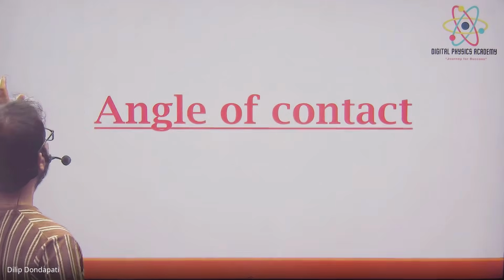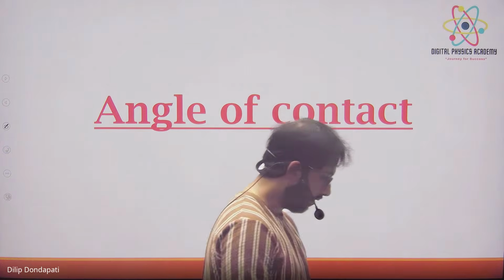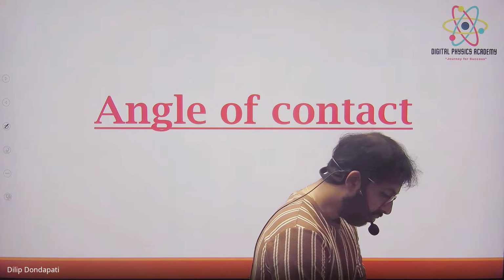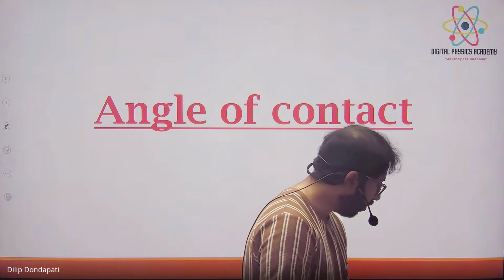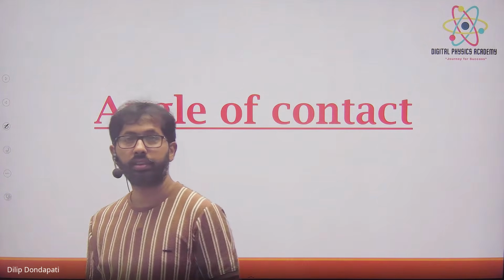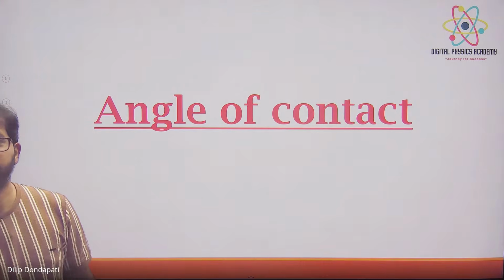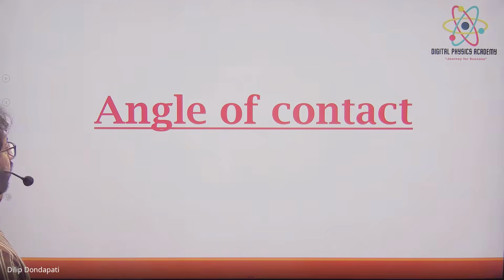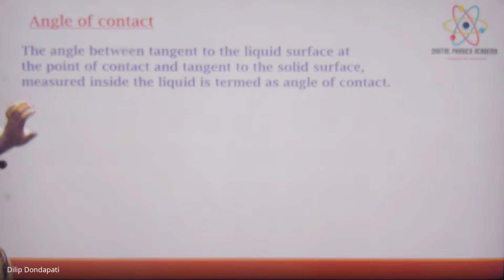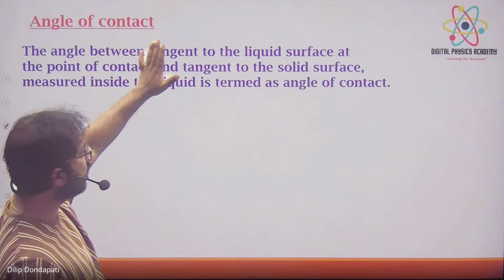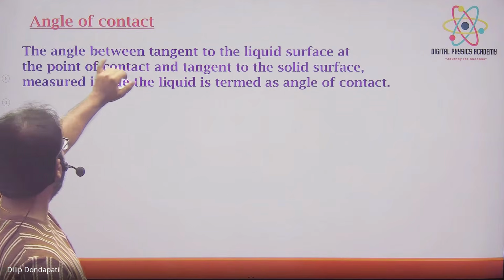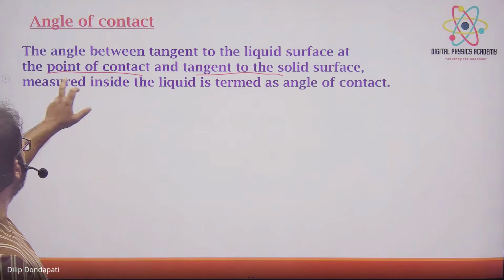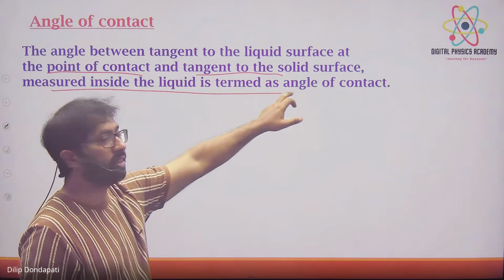Okay. Now we'll go for angle of contact. The next concept is angle of contact. Easy topic. Tell me, what is angle of contact? Don't know? Okay, we'll see. Look, the angle between the tangent to the liquid surface at the point of contact and the tangent to the solid surface, measured inside the liquid, is called the angle of contact.